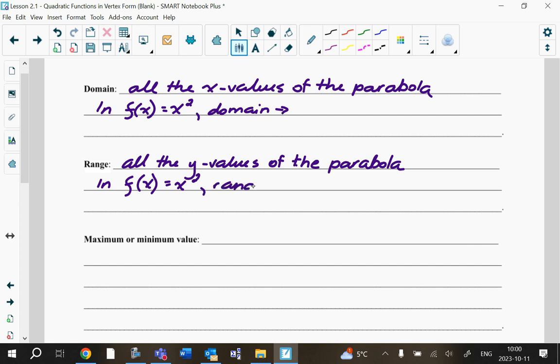Do you remember how to write the domain and range? That's if it's a series of points. If it's any kind of curve or line, there were two types of notation that we did. Do you remember? One had infinity symbols.